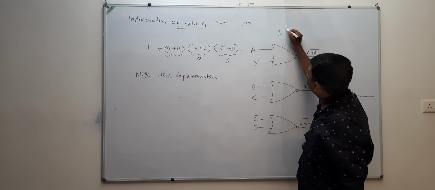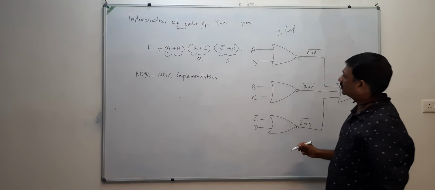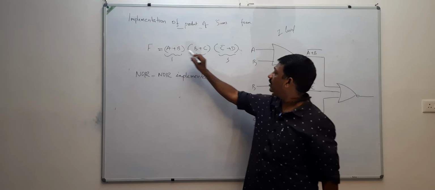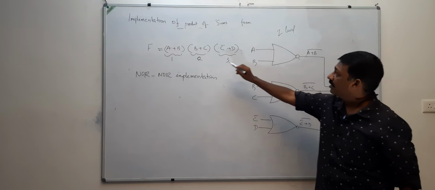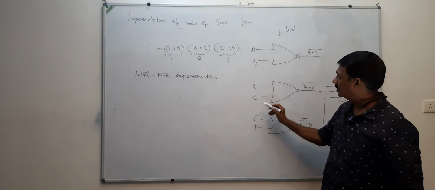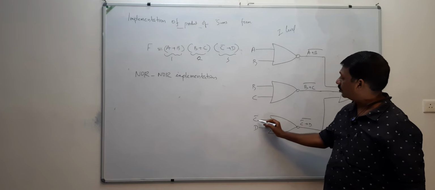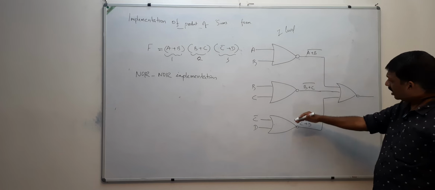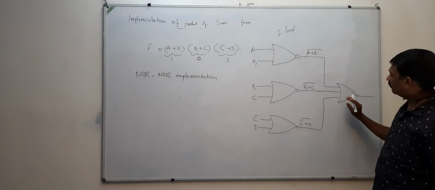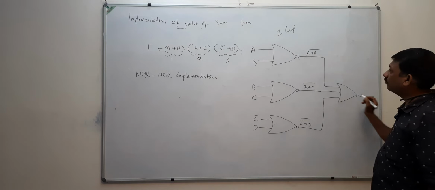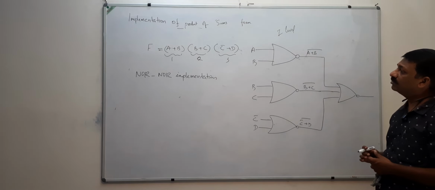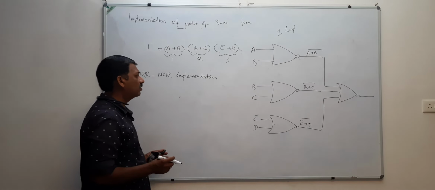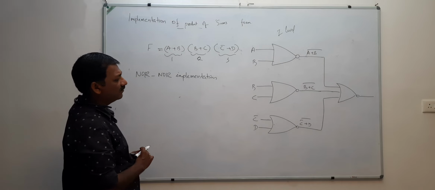As the inputs, you simply give the literals: A and B for A plus B, B and C for B plus C, and C bar and D for C bar plus D. The outputs of all these NOR gates are fed to another NOR gate, and the output will be F equal to (A plus B) into (B plus C) into (C bar plus D). That is the NOR implementation of this product of sums form.